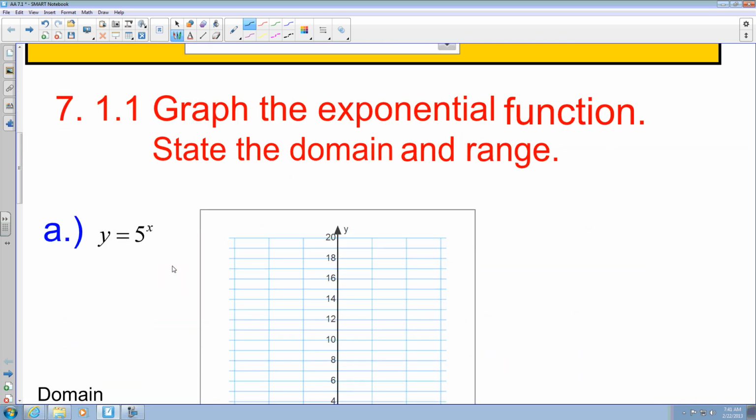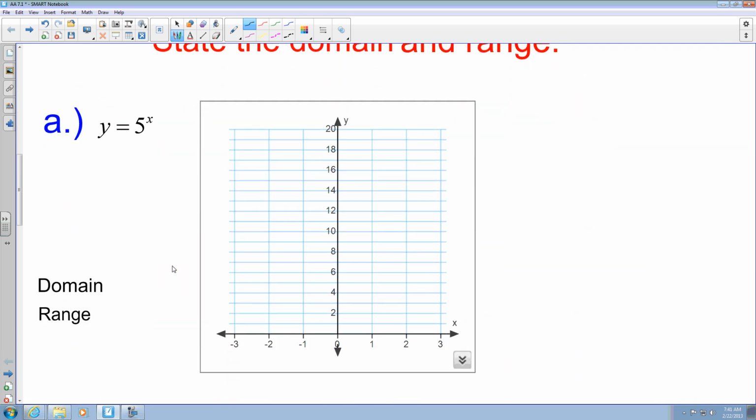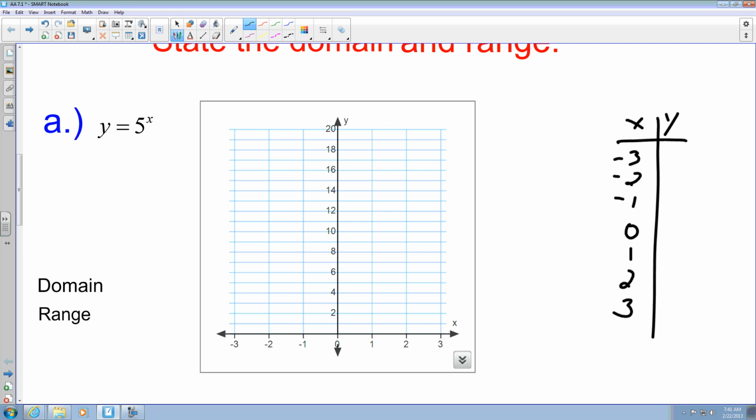So today, basically, what we're trying to do is graph these functions. You can always just make your t-chart, and you can use positive and negative values. So I have -3, -2, -1, 0, 1, 2, and 3. And if you substitute in x for these values, you're going to get a y.